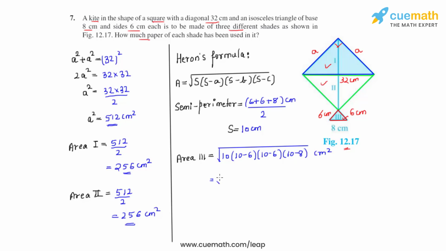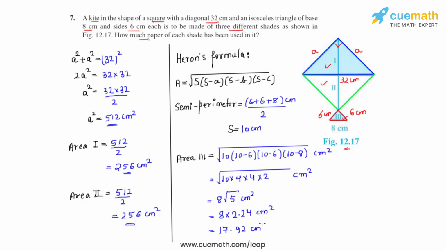This on further calculation comes as under root 10 times 4 times 4 times 2 centimeter square. So this on further calculation comes as 8 under root 5 centimeters square. So if we substitute the value of under root 5, we write it as 8 times 2.24 centimeters square.